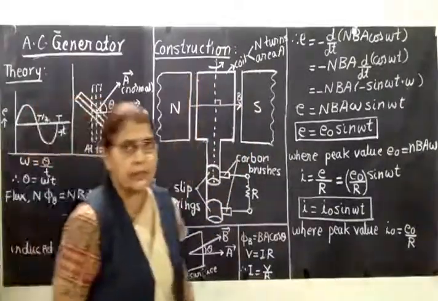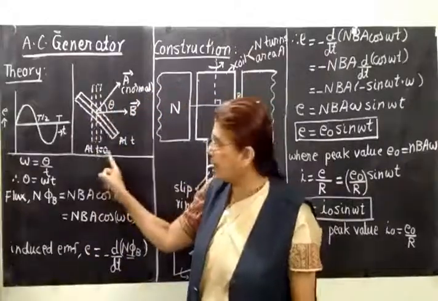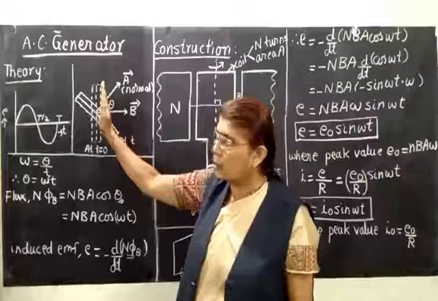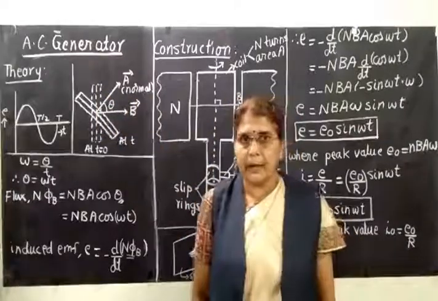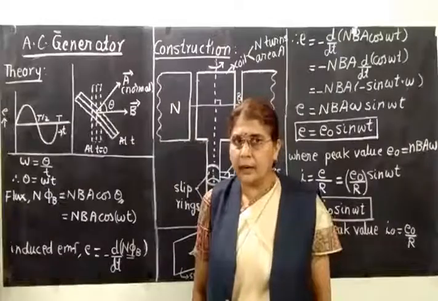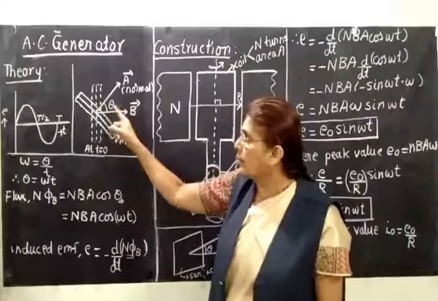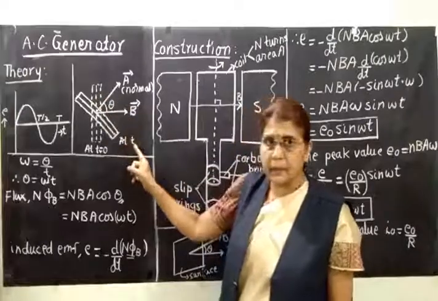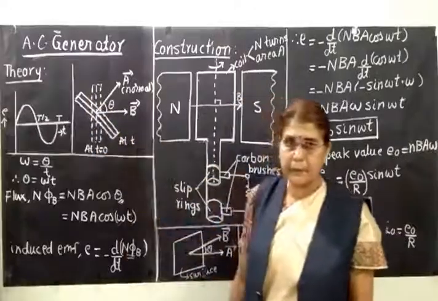This position of the coil I have shown by the dotted lines here. At t equals 0, this is the plane of the coil perpendicular to the direction of magnetic field. Now the coil rotates with an angular velocity omega. Let us say the coil rotates through an angle theta in time t. So at time t, this is the deflected position of the coil.